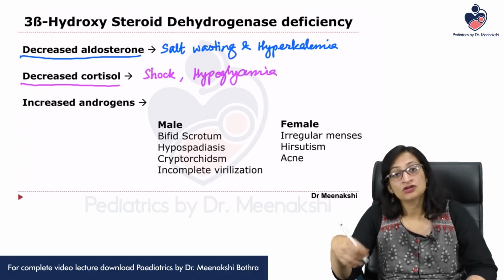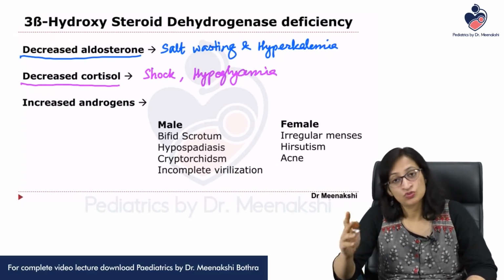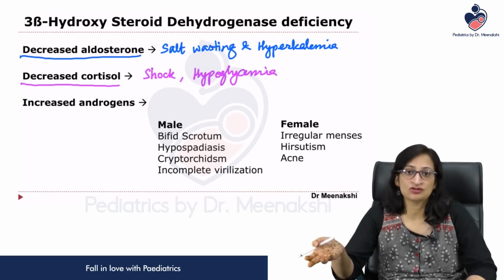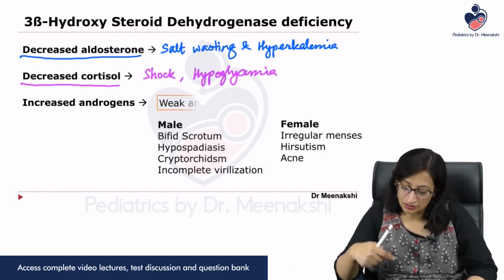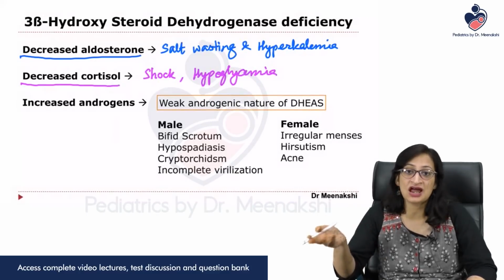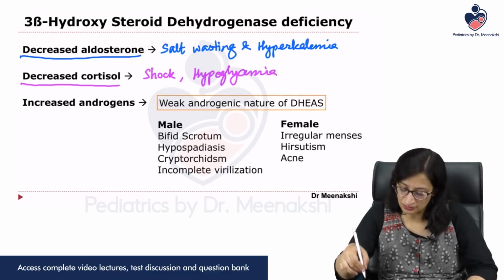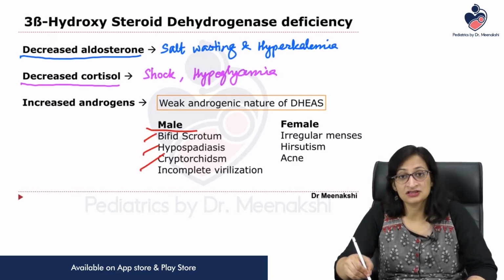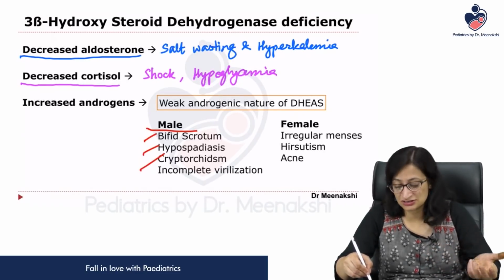Now, increased androgens is there, but which androgen is increased? It is mainly DHEA, dehydroepiandrosterone. So DHEA is a weak androgen. What will happen? Because DHEA is a weak androgen, in males, you can get bifid scrotum, hypospadias, undescended testes or incomplete virilization.